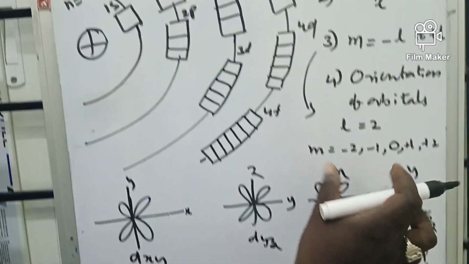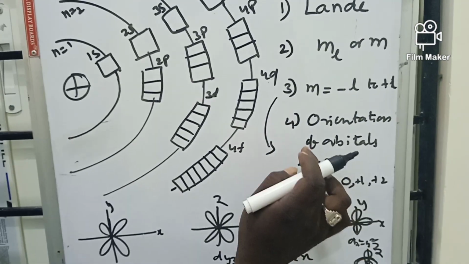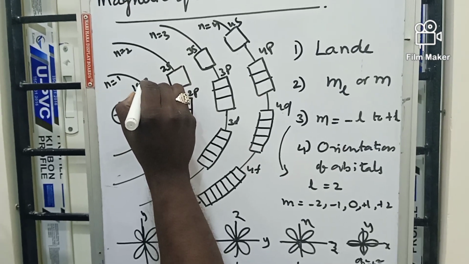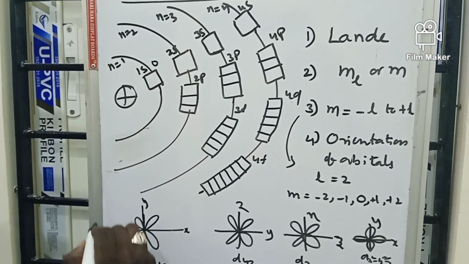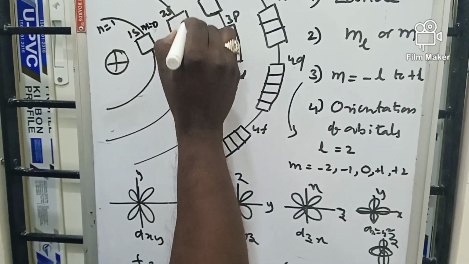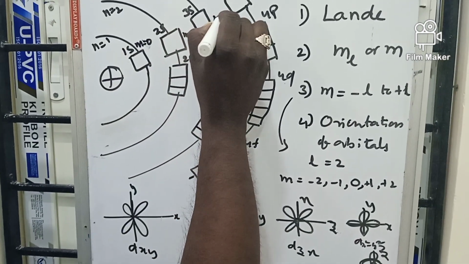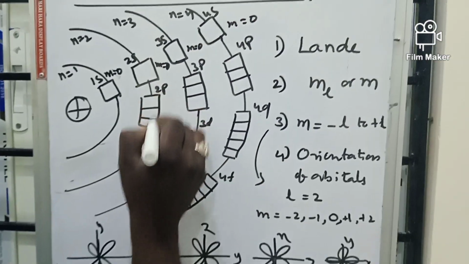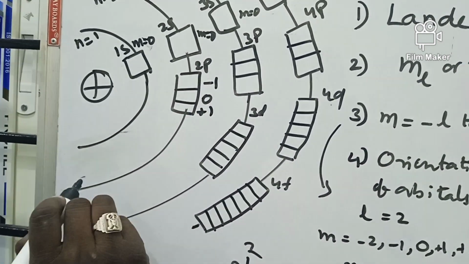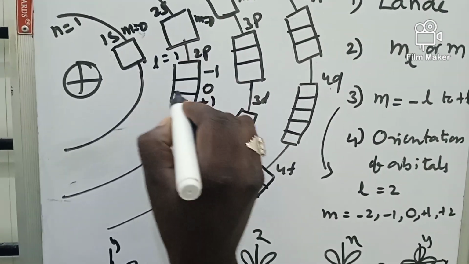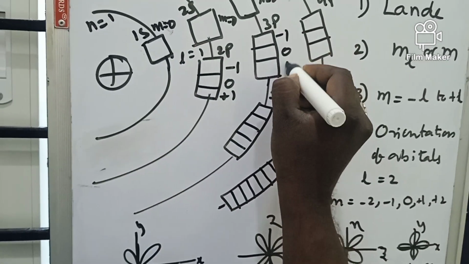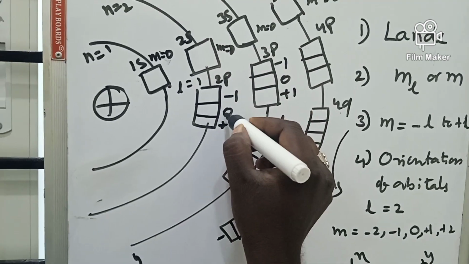Let's represent these magnetic quantum numbers here. For s orbital, l value is 0 and magnetic quantum number m is also 0. So for all s orbitals the m value is 0. And for p the values are -1, 0, +1, because for p the l value is 1. So -1, 0, +1 for px, py, pz.